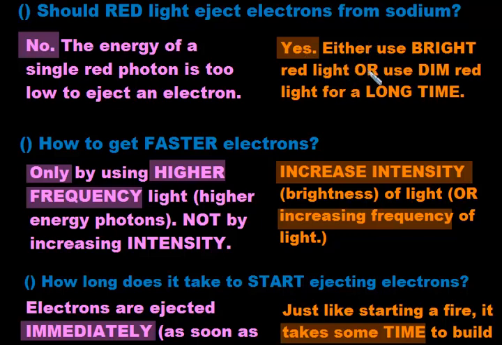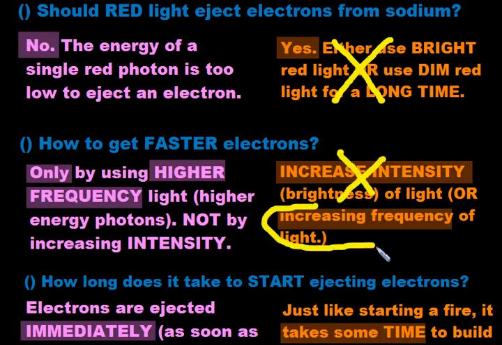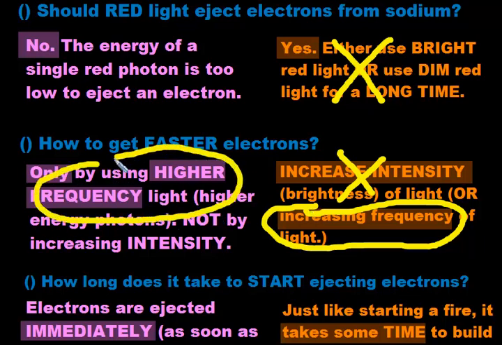Like this one, this entire prediction is wrong. Over here, increasing intensity does not make faster electrons. That part's incorrect, but this one part is correct because it has the same prediction as photon theory. And then this one down here is incorrect.